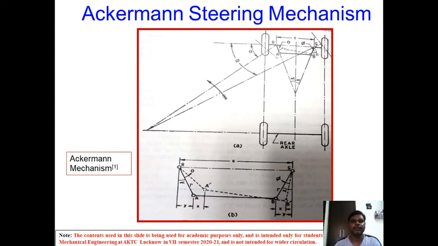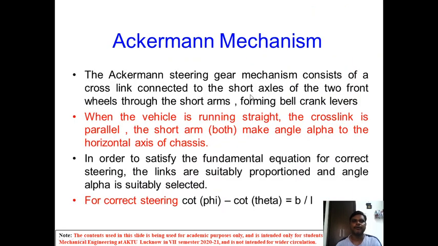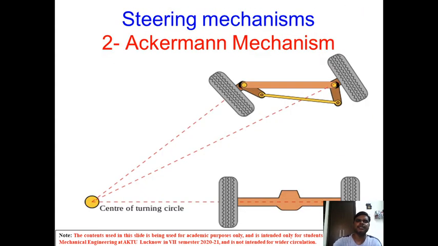So Ackermann mechanism can also be understood from this particular image. Okay, and these are the parameters that we have discussed, and this is an angle theta, this is angle alpha. Okay, so we can say that the Ackermann steering gear mechanism consists of a cross link connected to the short axles of the two front wheels through the short arms, forming a bell crank lever that we have seen here.